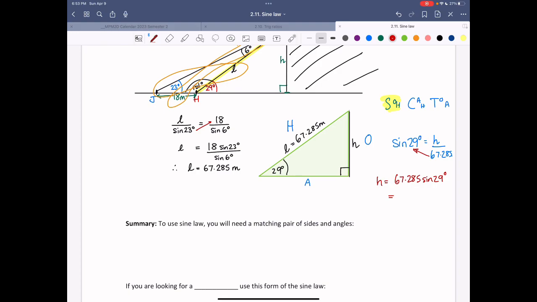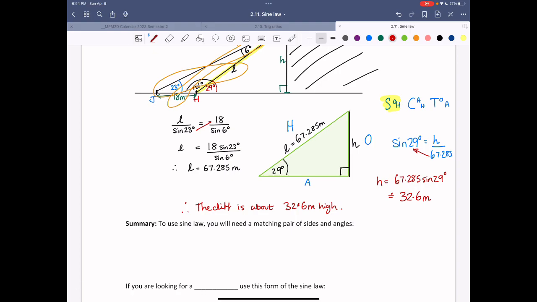And that will give me a more accurate answer of 32.6. I'm going to round that now to 32.6 meters. So we can say, therefore, the cliff is about, because I'm rounding, 32.6 meters high.